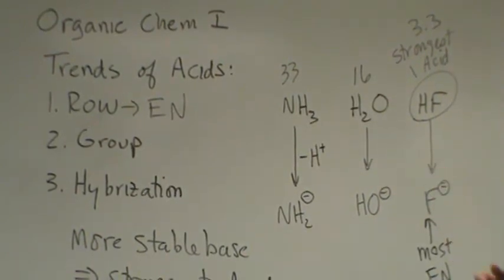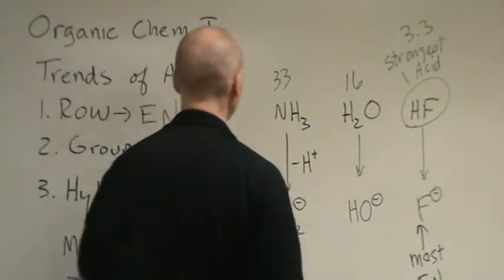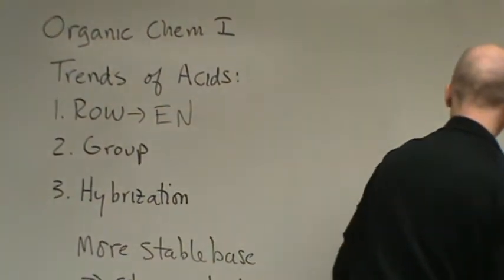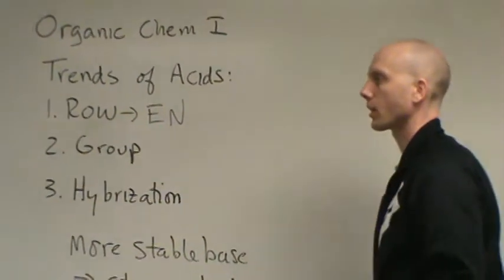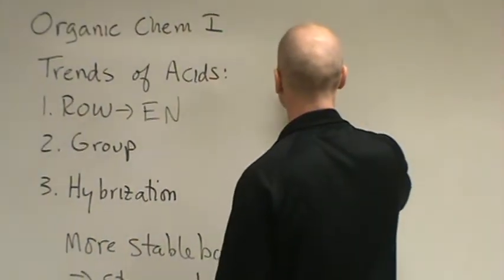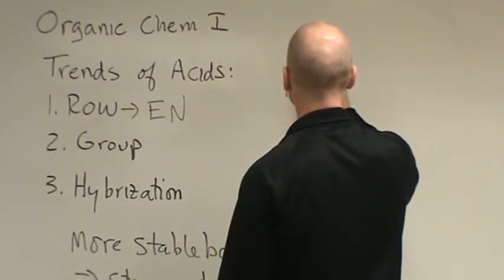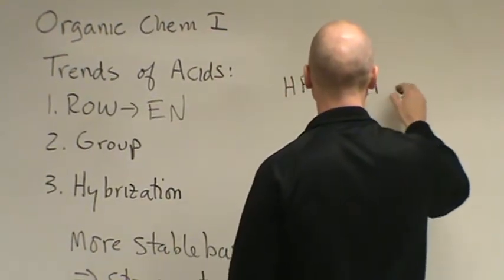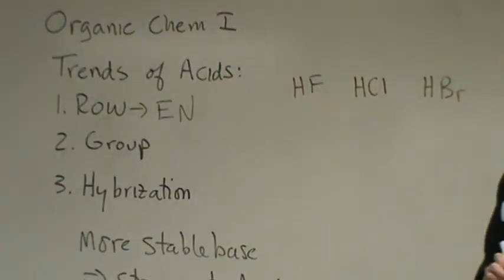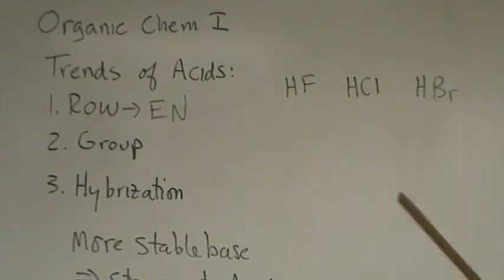Let's go on to the next argument, which is the group argument. Looking at a group argument, let's look at these acids here. Here we'll look at HF, HBr, and HCl.